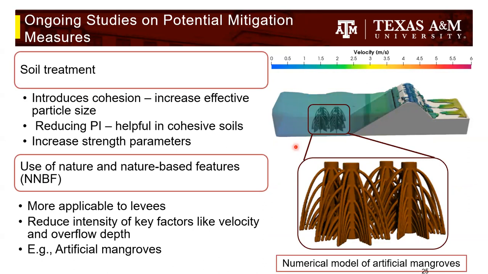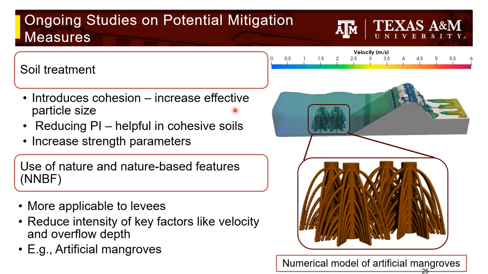We are quite familiar with the first one, which is essentially soil treatment. As we have seen in our previous slides, cohesive materials are less prone to erosion as compared to cohesionless materials. So soil treatment is one of the major methods which can introduce cohesion into the material.